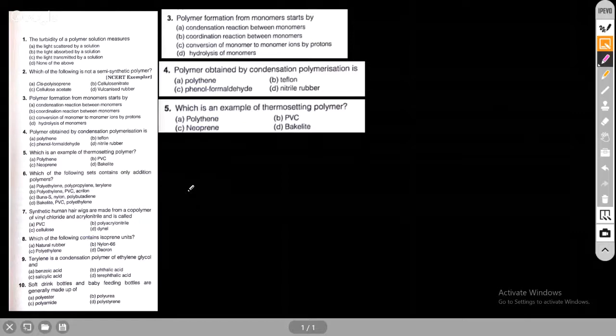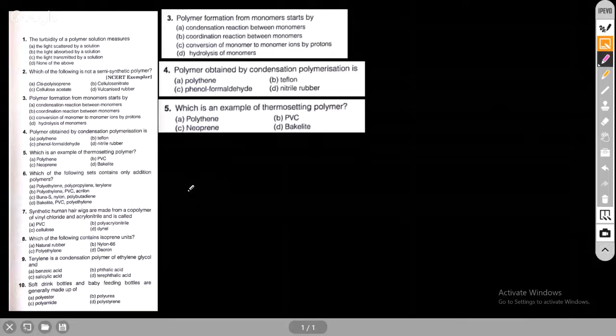Question number 3, option A is correct, because there is a condensation reaction between the monomers. Small molecules like H2O or NH3 go out and we get the polymer, we get the bond.